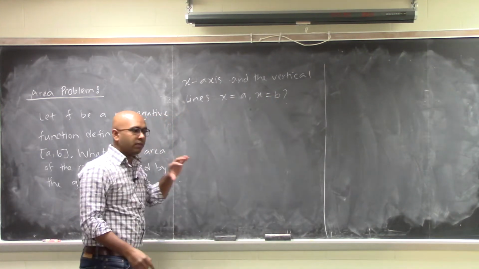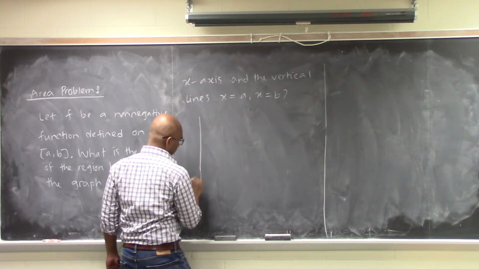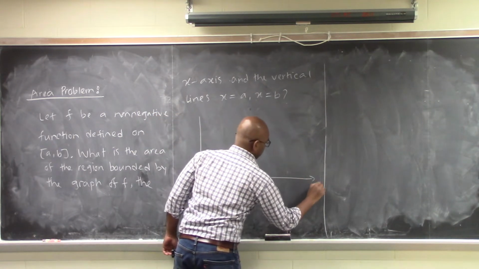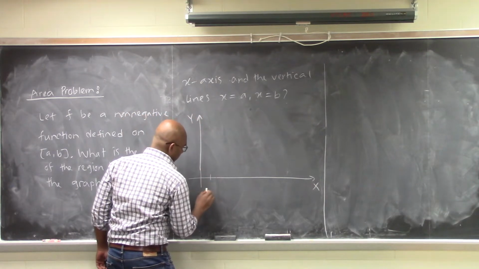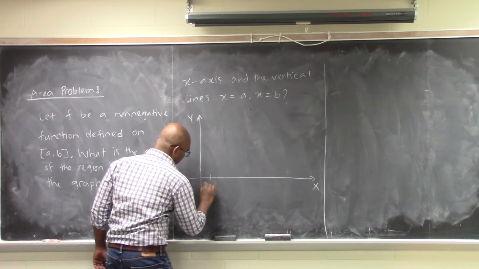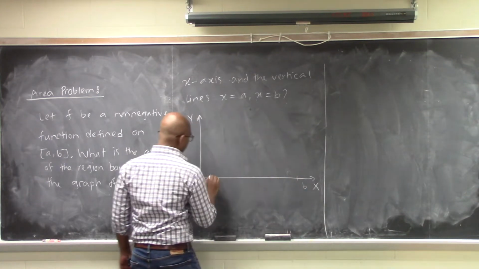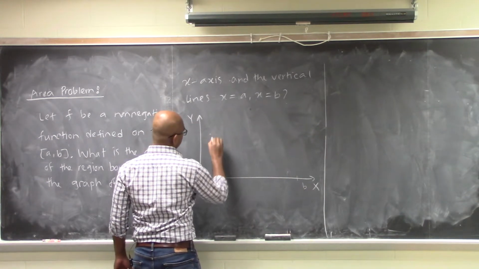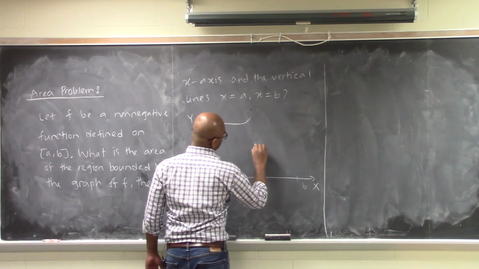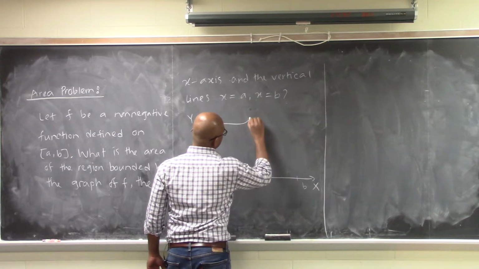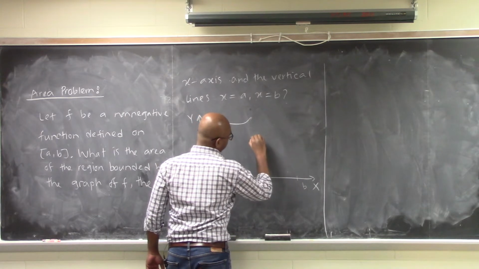Okay, so let me give you a picture of this kind of region. So this is my x-axis, this is my y-axis, this is my point a and this is my point b. And then I have, say, a graph of a function that looks like this. Let me make it a little bit wavy.